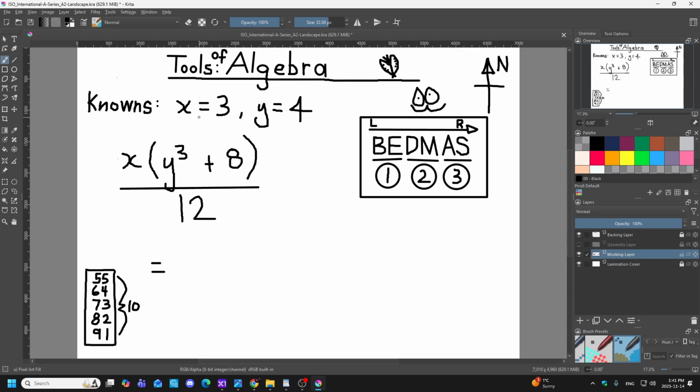Wherever you have an x, place a 3. So I'm going to go 3. We have a bracket. Because I have a cubed here, I would like to use rounded brackets or parentheses. So we have y. Wherever you see a y, place a 4.